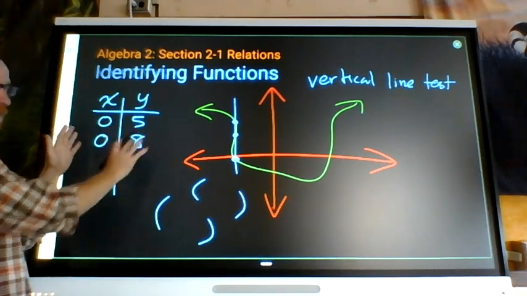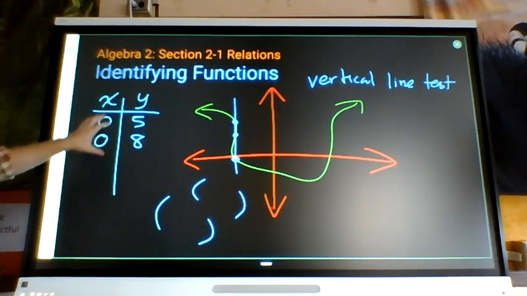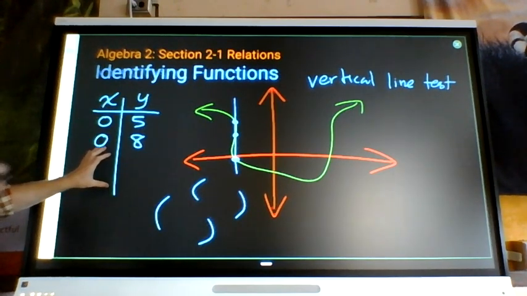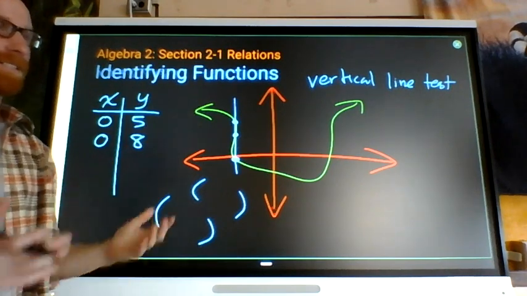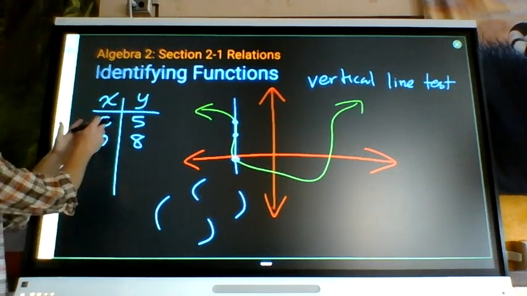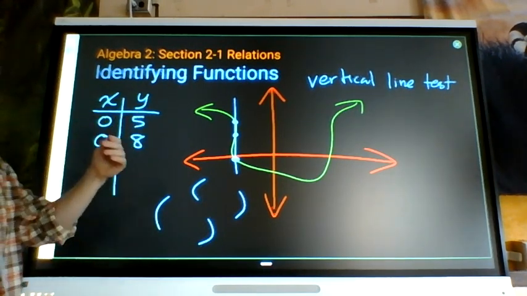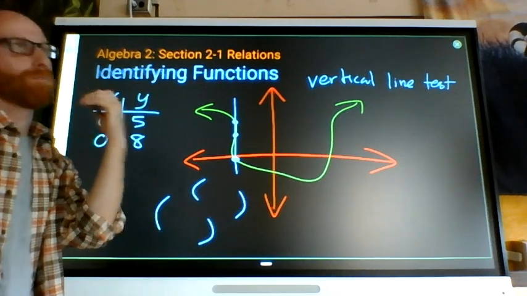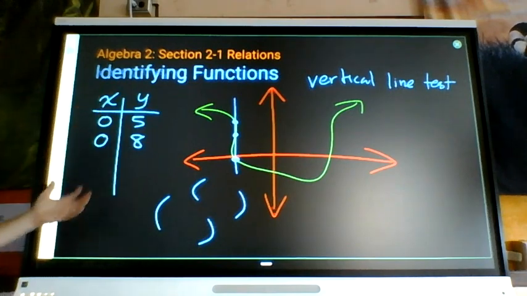If that does not happen, if each of these values in the domain only goes to one value in the range, then I have a function. Okay? If, on the other hand, one value or more than one value maps to multiple possible range values, then I don't have a function.